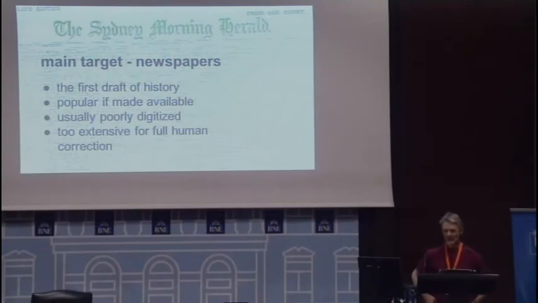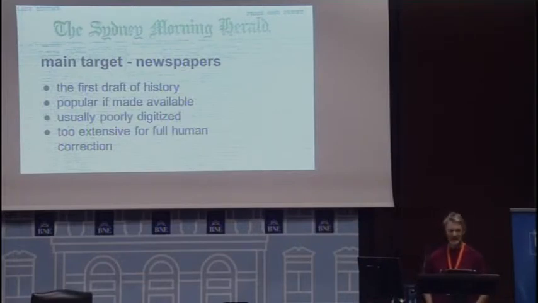Now, we can't correct everything, and some things maybe aren't worth attempting to automatically correct. Some things, there's so much of it that they can't be corrected any other way. So our target is newspapers. And newspapers are, in fact, the first draft of history. So I'm sure there's going to be a lot of life gotten out of those newspapers.